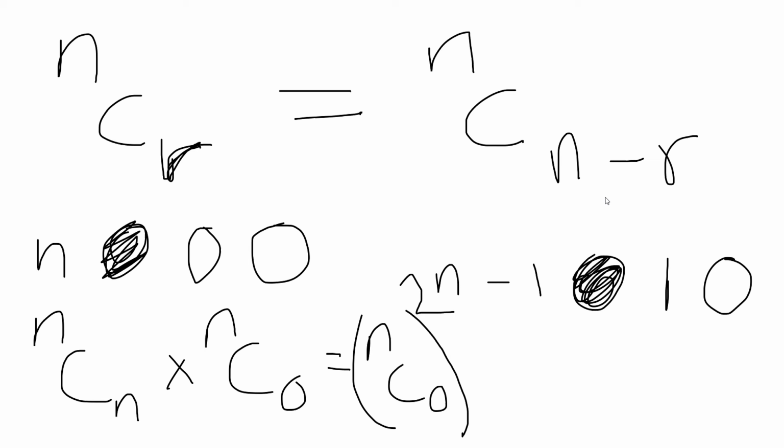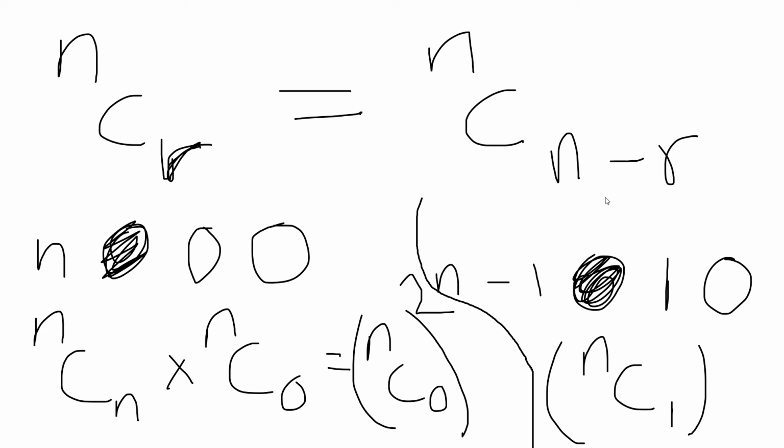So our second case was we are choosing n minus 1 black balls and 1 white ball. We can do this in nC(n minus 1) into nC1 ways, right?